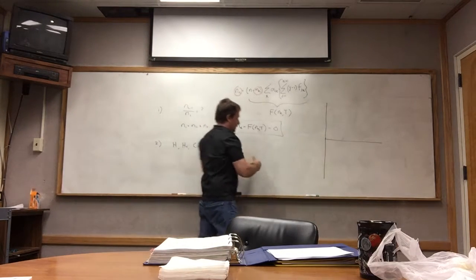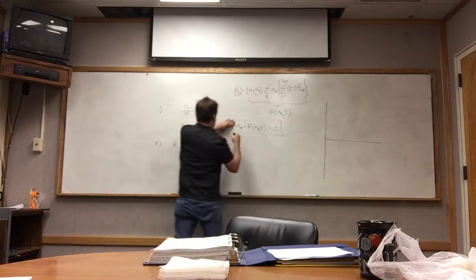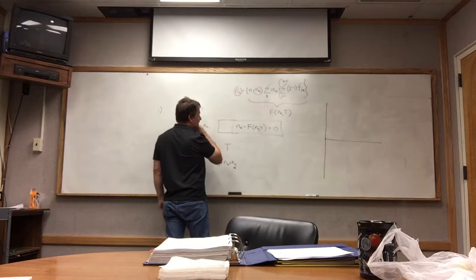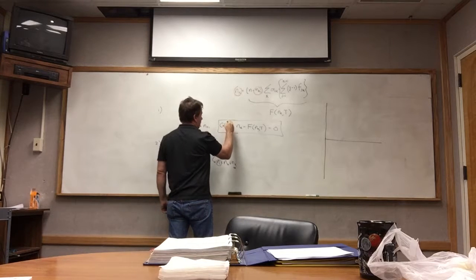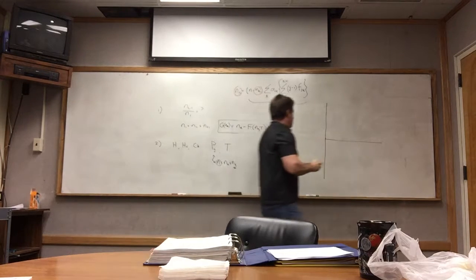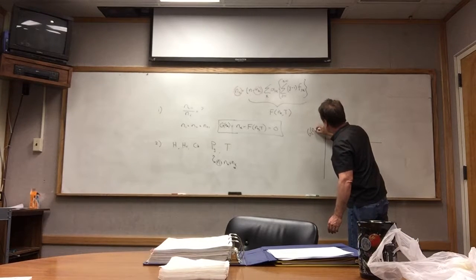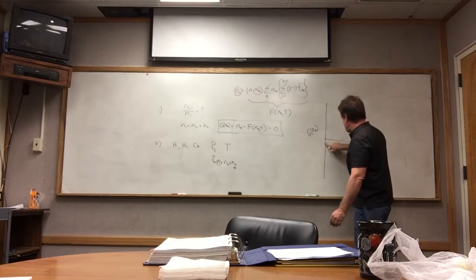This function is going to look something like this. Call it G of Ne at fixed T. At that T, you're going to have G of Ne. What you want to do is find out where it equals 0.